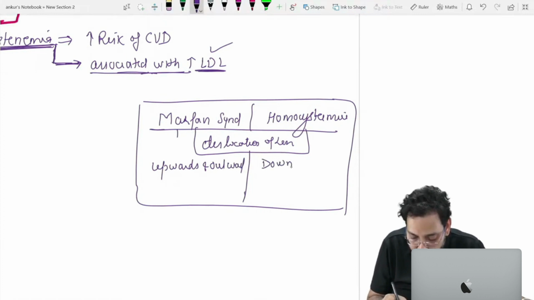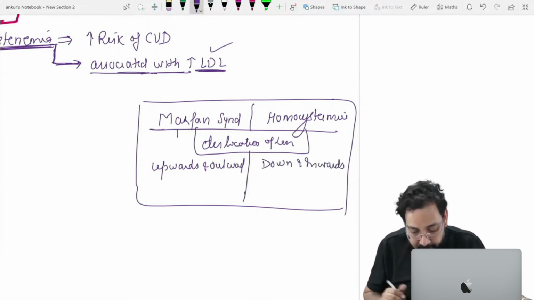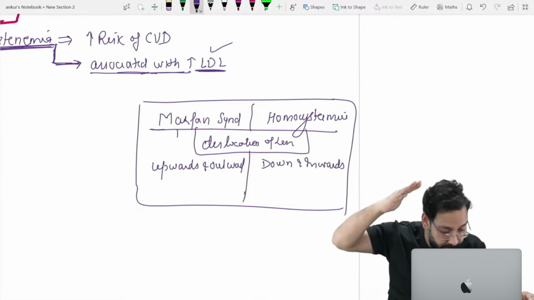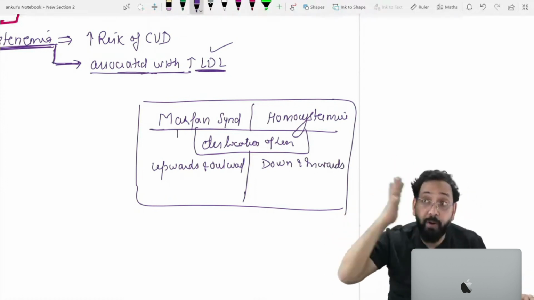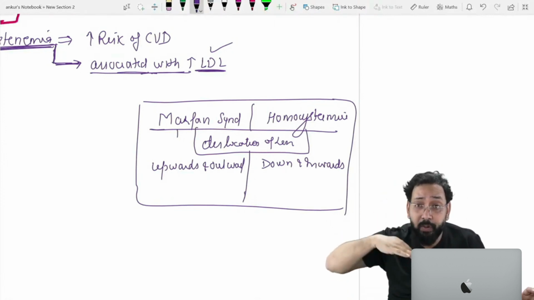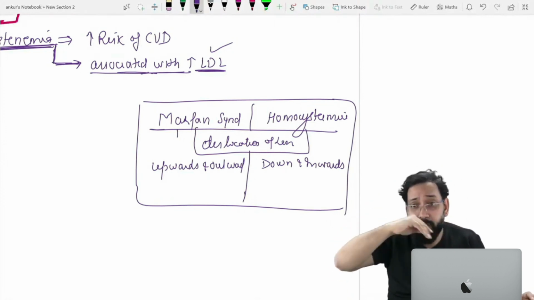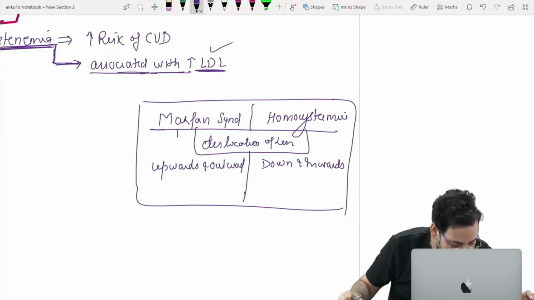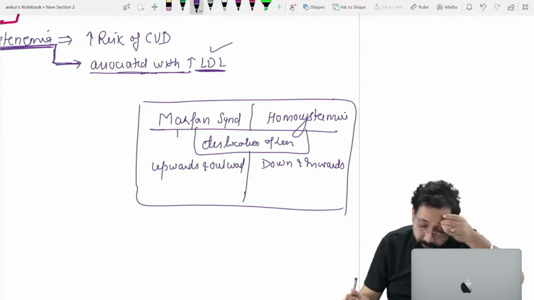In homocysteinemia it is downwards and inwards. Upward means superior, outwards means temporal, downwards means inferior, inwards means nasal. Very good.